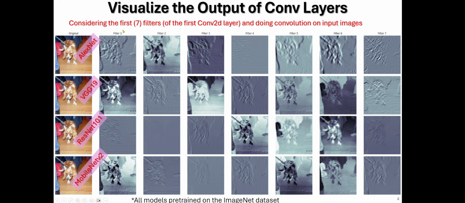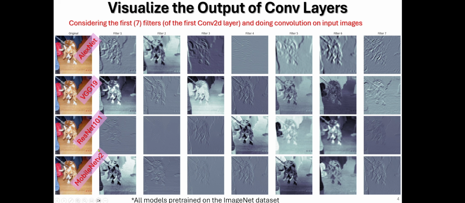So the first convolutional layer is again chosen, and the first 7 filters out of, let's say, the 64 filters. If you choose those, what is the output of those filters when we pass an image? For example, in this case, an image of a dog is passed through, and what we are seeing here is basically the texture and the edges of the image getting extracted at the different filter outputs, or different kernel outputs, as we can see here.